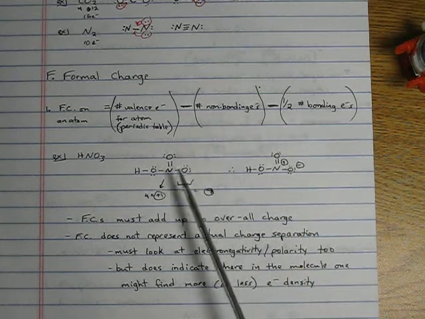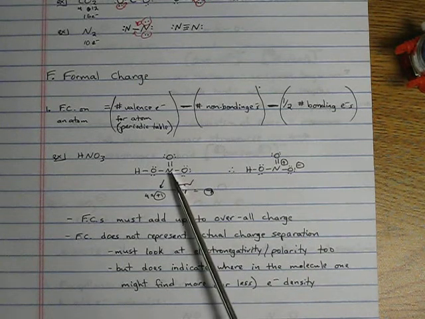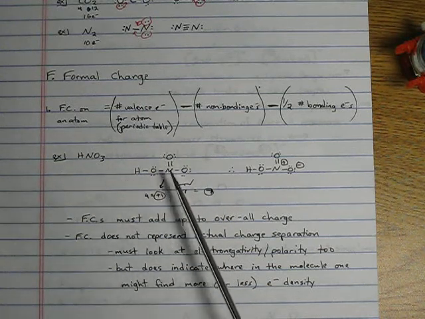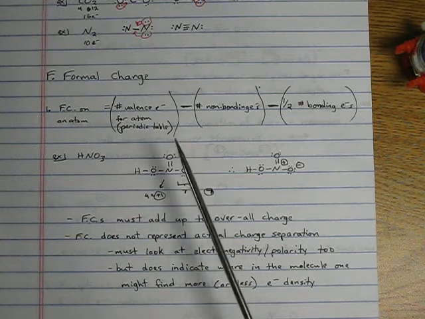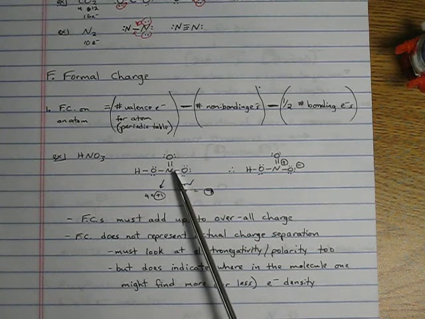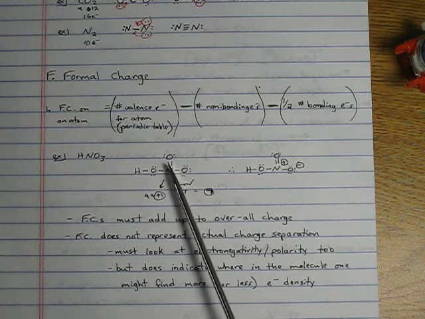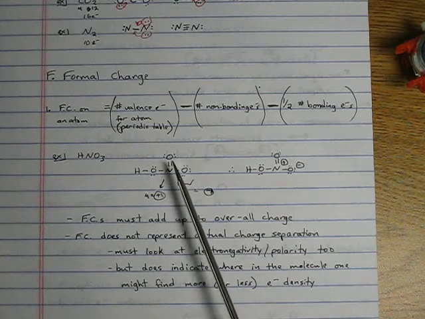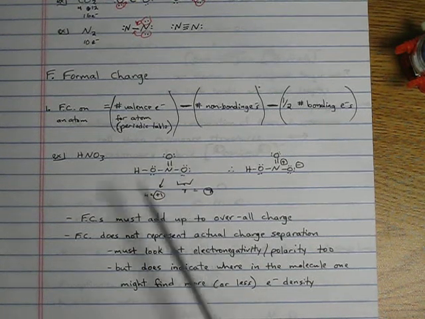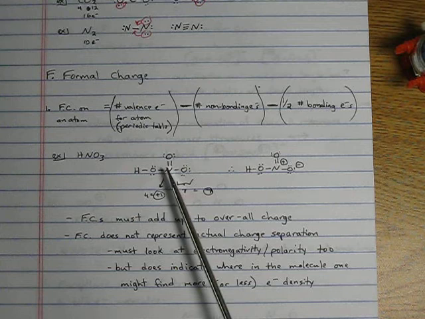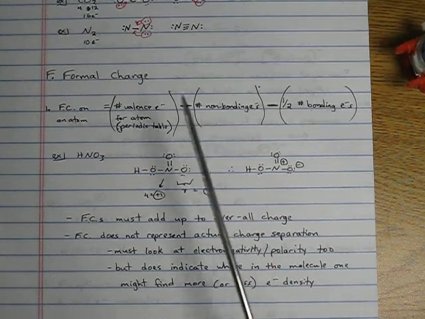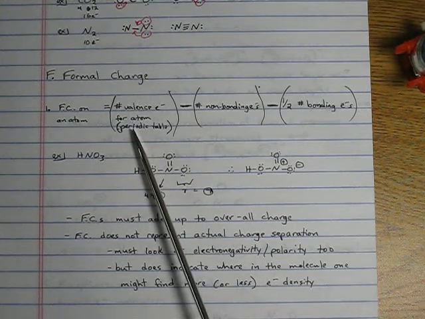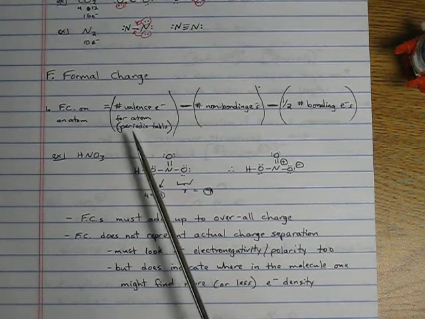Okay, let's go to the nitrogen. Nitrogen normally has 5 valence electrons. Let's count the electrons around here for formal charge. 1, 2, and in a double bond, well, that's 2 bonds, so 1 electron from this part of the double bond, 1 electron from the other part of the double bond, gives us a total of 1, 2, 3, 4 electrons. Well, nitrogen normally has 5 valence electrons.